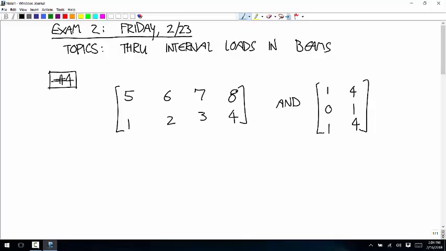So you could do this. So if this is matrix A and this is matrix B, you could do B times A, but not A times B. I thought it was the other way. The number of rows is the same number of columns. Yes.